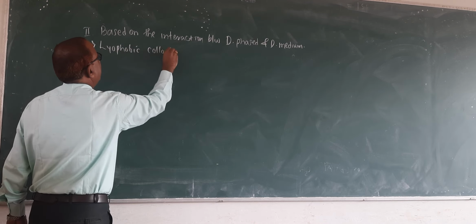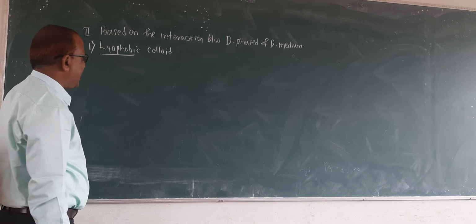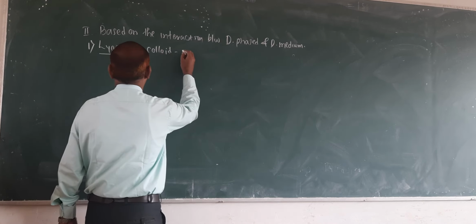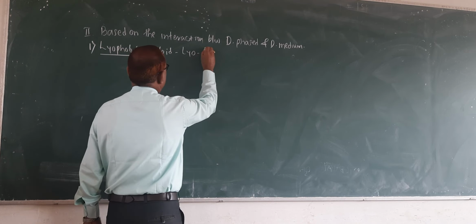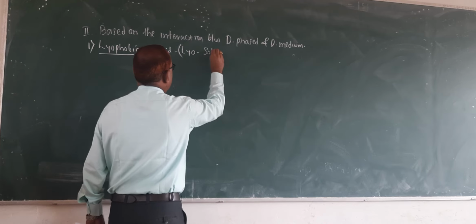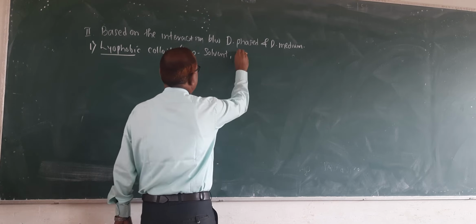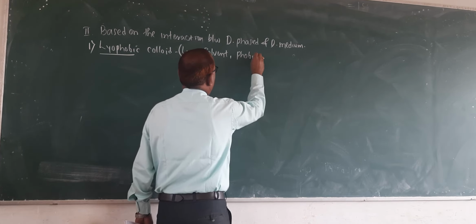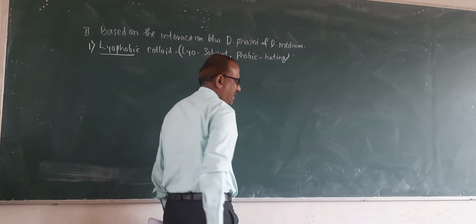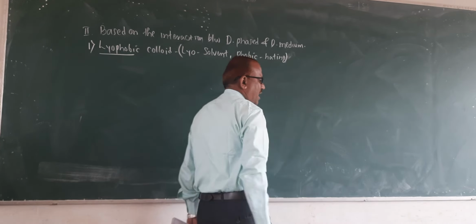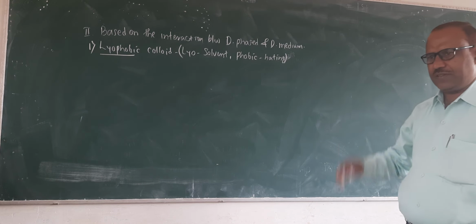If I give the meaning for the heading in the Greek language, you can give the definition easily. In lyophobic colloid, lyo means solvent. In that word, phobic means hating. What would be the definition? Briefly, I can say lyophobic colloids are the solvent hating colloids.